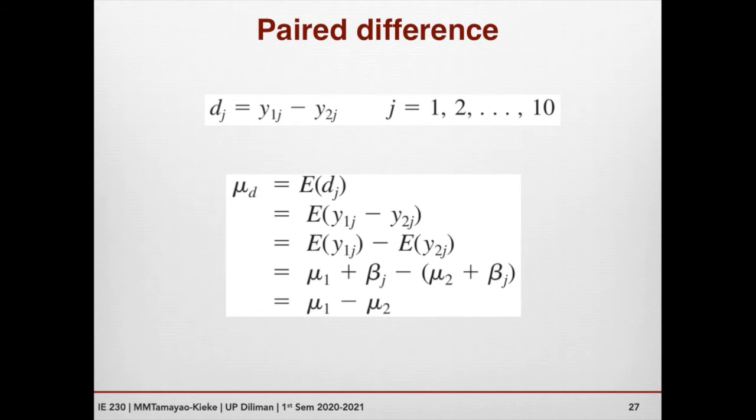Now, if we compute the paired difference, d sub j, which is y sub 1j minus y sub 2j from j equals 1 to 10, the expected value or long run average of this difference can be derived as shown. As you can see, the expected value of the difference is equal to the difference of the expected values of the two means.